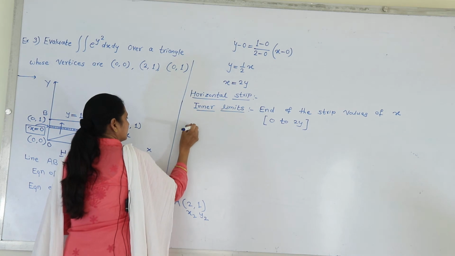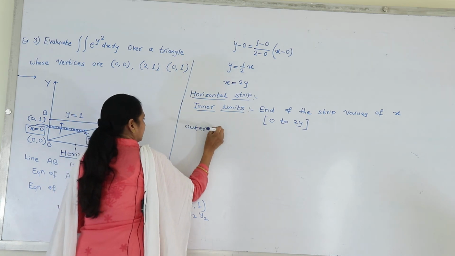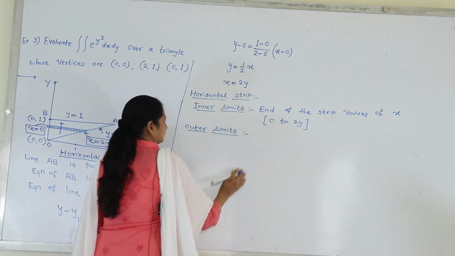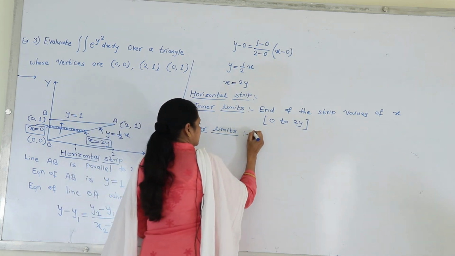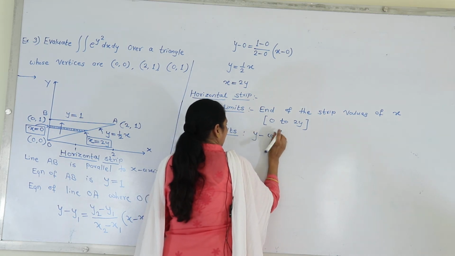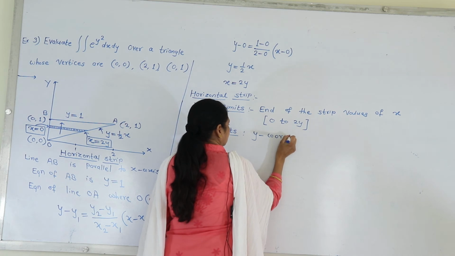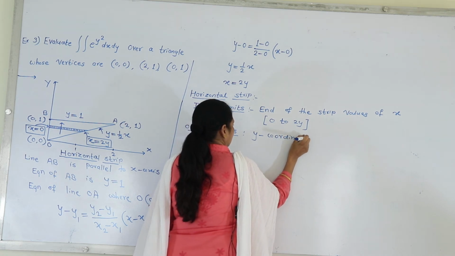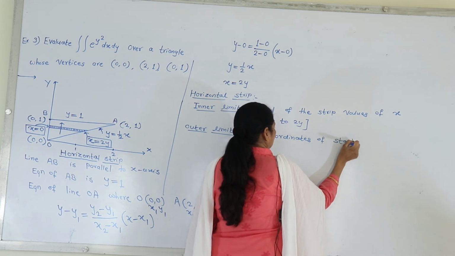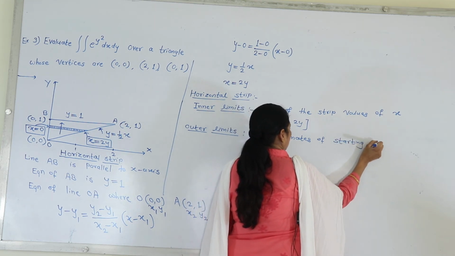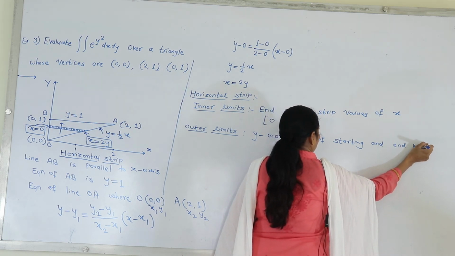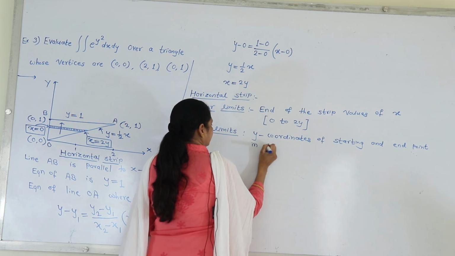Outer limits: y coordinates of starting and end point in movement of the strip.